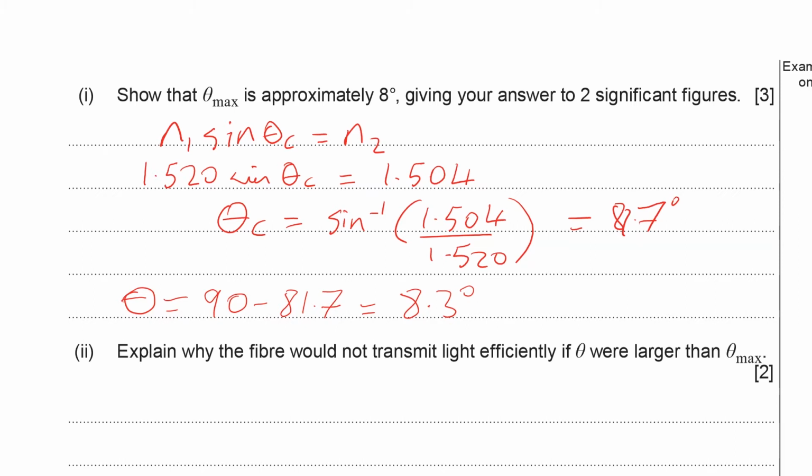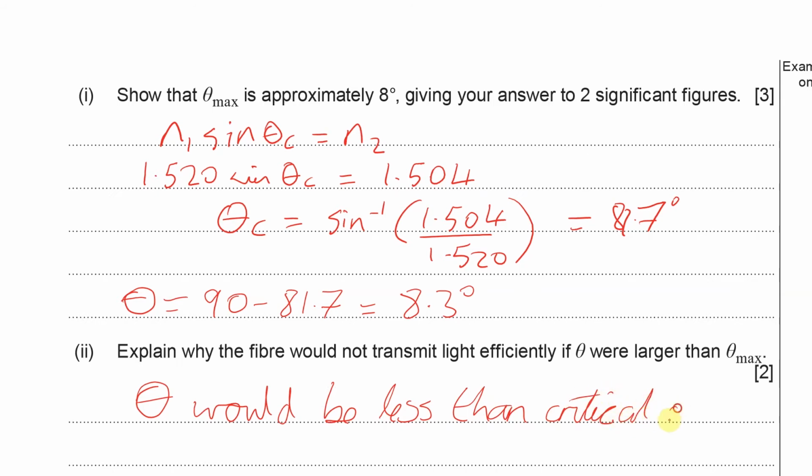Next we have to explain why the fibre wouldn't transmit light efficiently if theta were greater than theta max. Well, if theta was greater than theta max, then the angle of incidence at the boundary between the core and the cladding would be less than the critical angle. And that means total internal reflection doesn't take place. So let's call it TIR for an abbreviation.